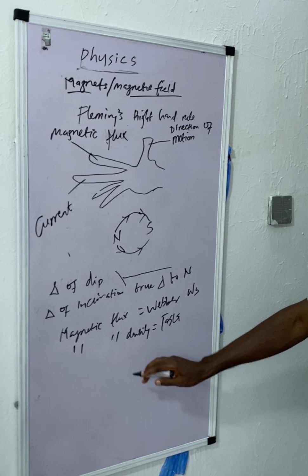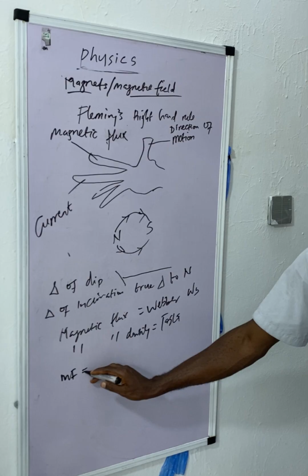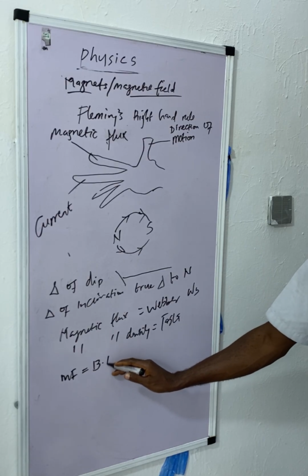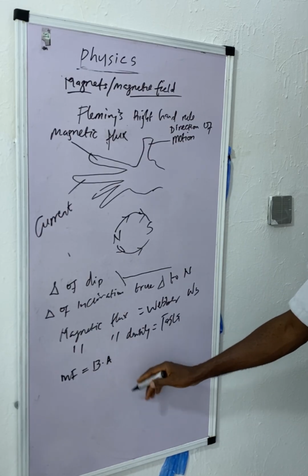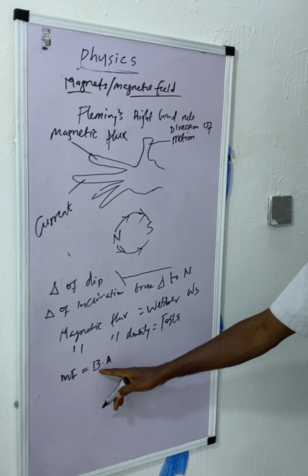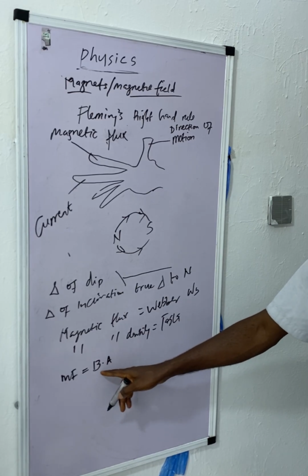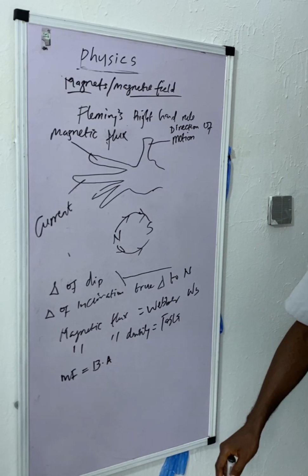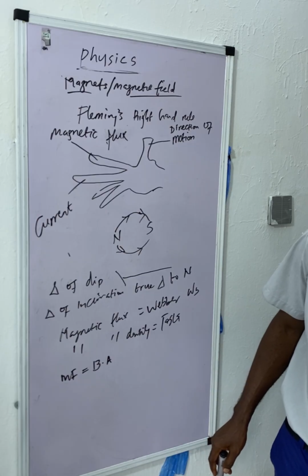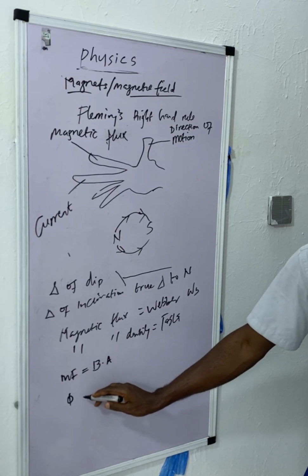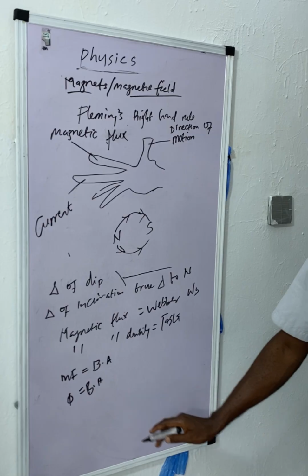So magnetic flux is given as magnetic flux equals B times A, where A is the area and B is the magnetic flux density. This is the symbol for magnetic flux, equal to B times A.